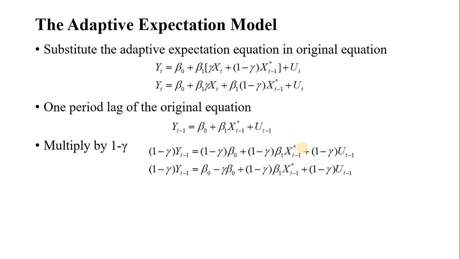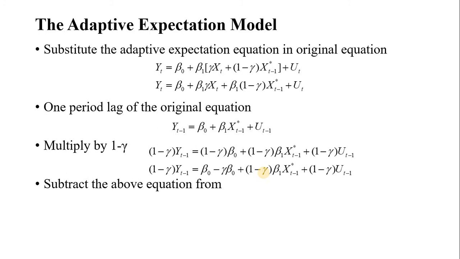Okay, now 1 minus gamma yt minus 1 is equal to, here 1 into beta 0 will be beta 0 minus gamma beta 0, plus 1 minus gamma beta 1 x star t minus 1 plus 1 minus gamma ut minus 1.